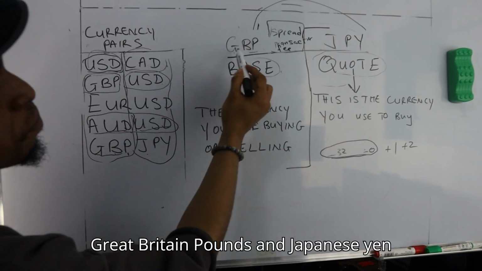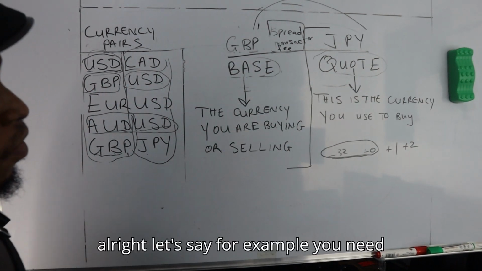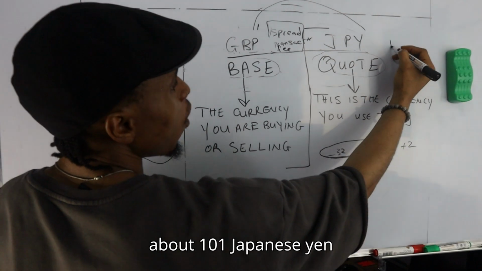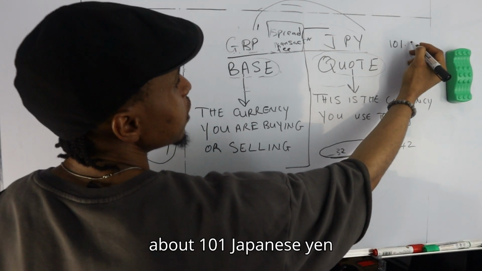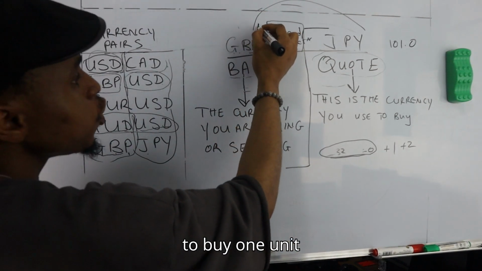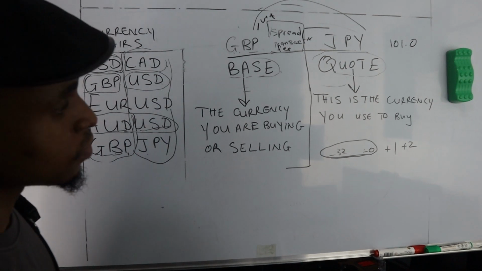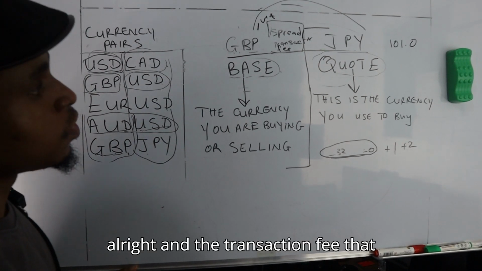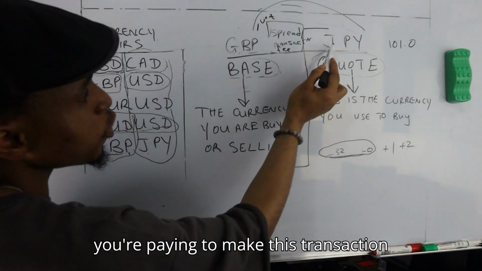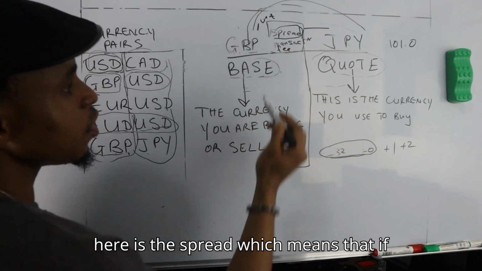This is Great Britain pounds and Japanese yen. Let's say, for example, you need about 101 Japanese yen to buy one unit of British pound. And the transaction fee that you're paying to make this transaction is the spread.